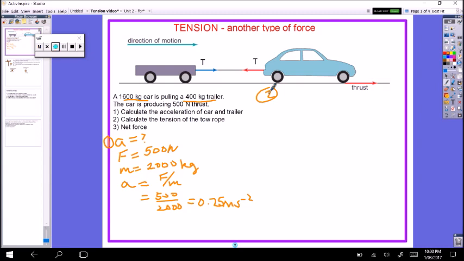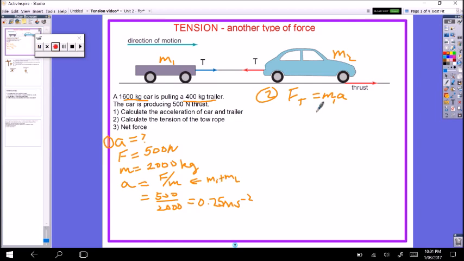Calculate the tension of the tow rope. So tension, force due to tension, is also given by mass times the acceleration. And this is the mass of the trailer, so I'm going to call this one M2. So that's M2, and the mass that we did over here was M1 plus M2.